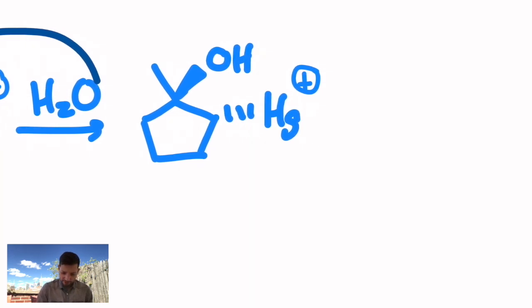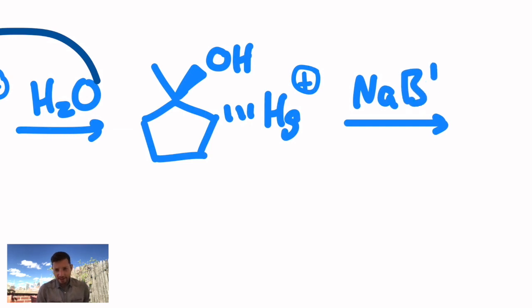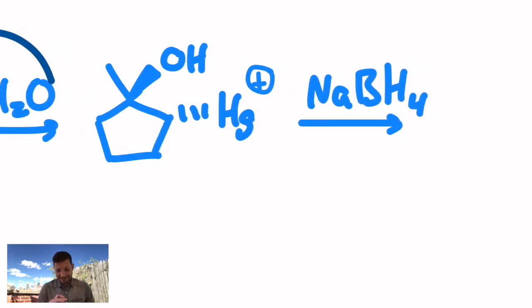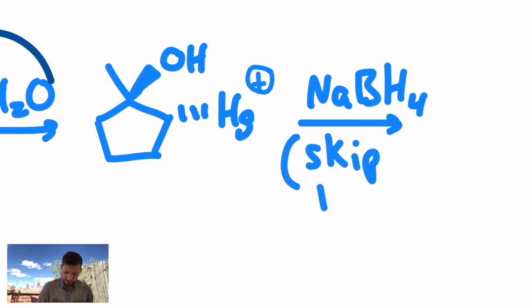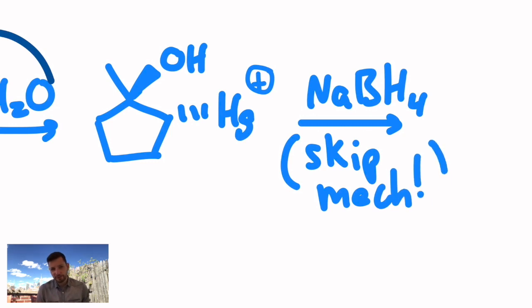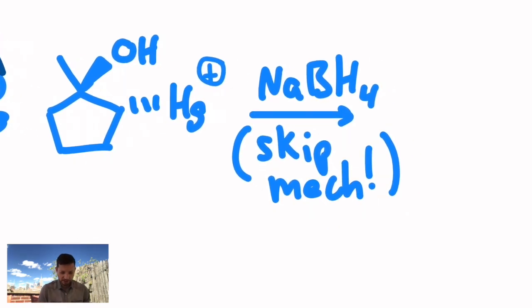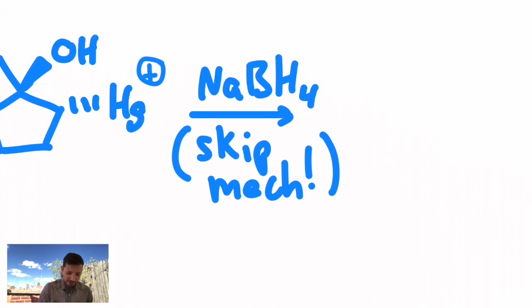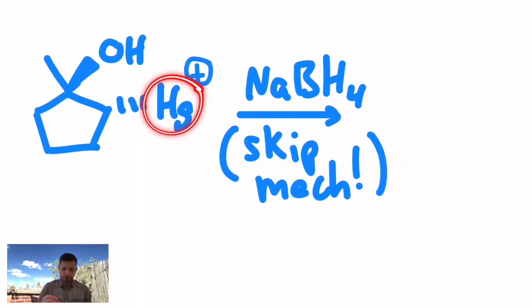This finishes up with a reagent called sodium borohydride, and I'm going to say skip mechanism for now, because it's a little more involved than what we need to go into at this level of the class. I will tell you, it reduces the carbon-mercury bond down to a carbon-hydrogen bond.